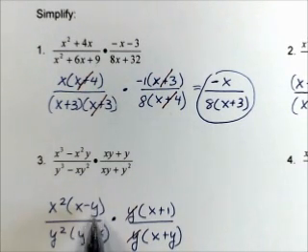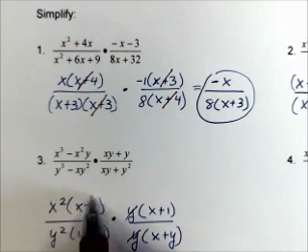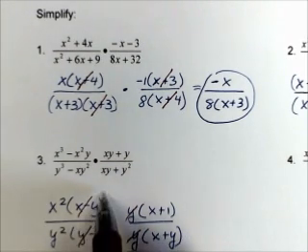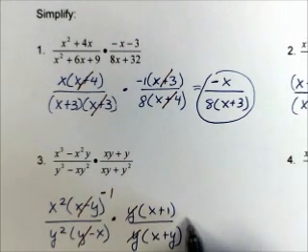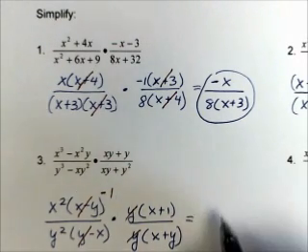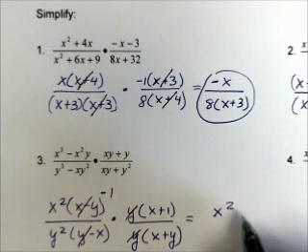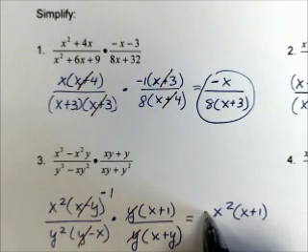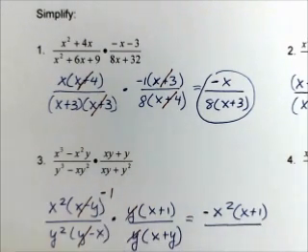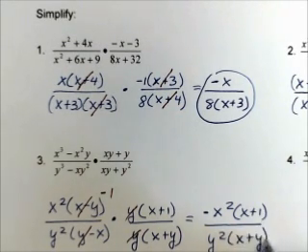The x minus y and y minus x, recognize those as being opposites, so I'll divide them out and write a negative 1. And that's all that factors out. So our end result is x squared times (x plus 1). Let me go back and put the negative out in front so we don't forget it. And y squared times (x plus y).